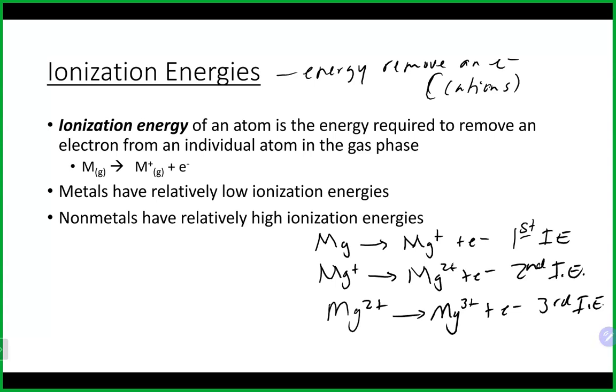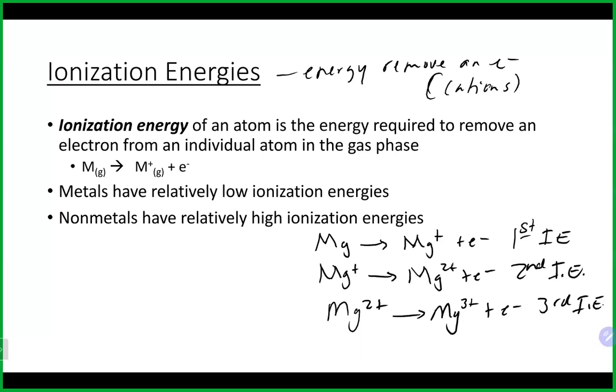So each electron comes off one at a time, and there's a certain amount of ionization energy required to remove each electron. Every time we remove an electron, the size of that ion gets smaller because we lose an electron, so electron density shrinks, and everybody is brought in closer. When you go from your first electron to your second to your third, you keep bringing everybody in closer to that nucleus.